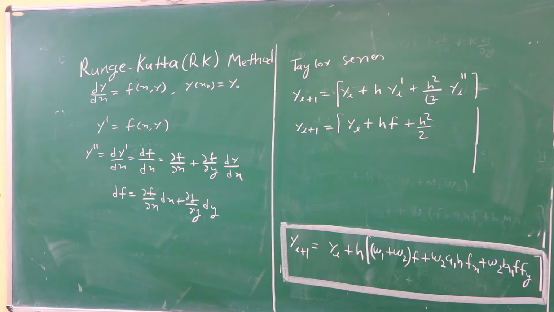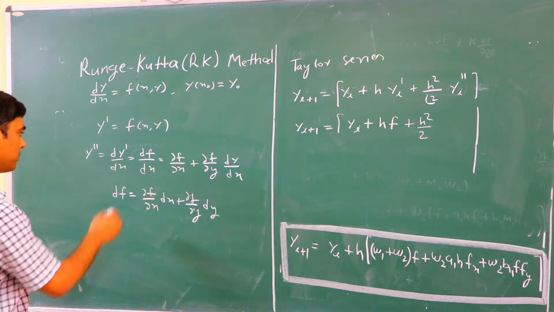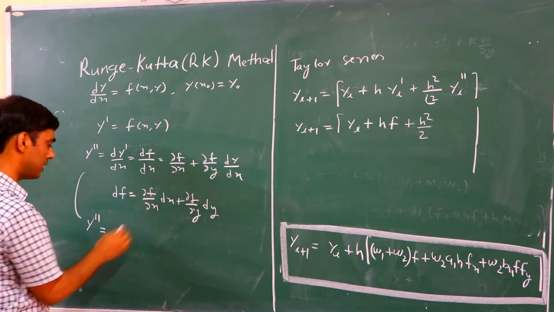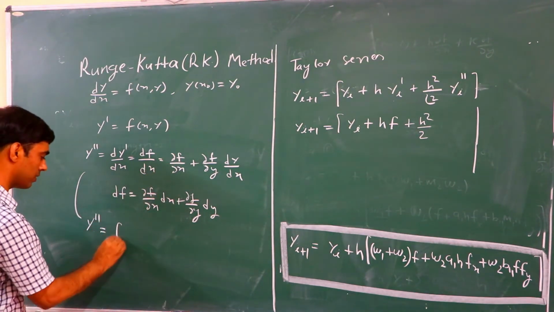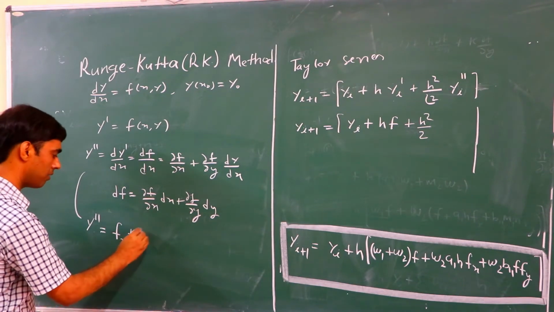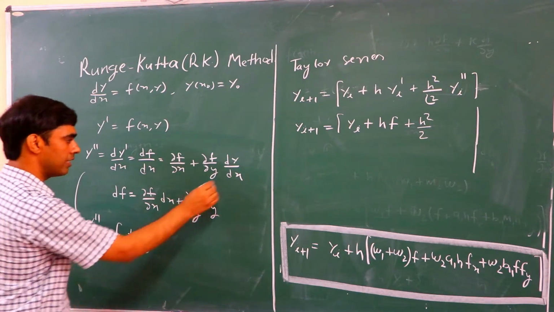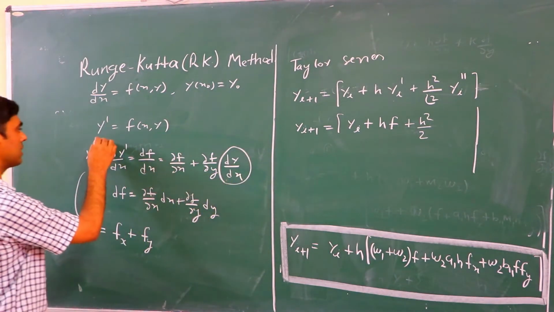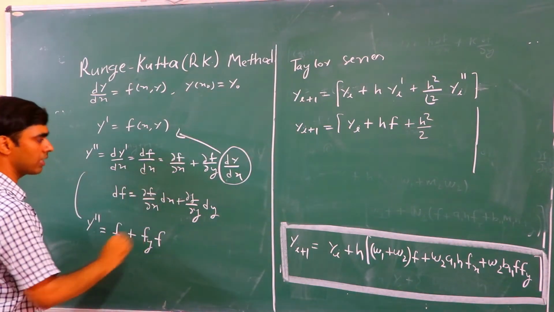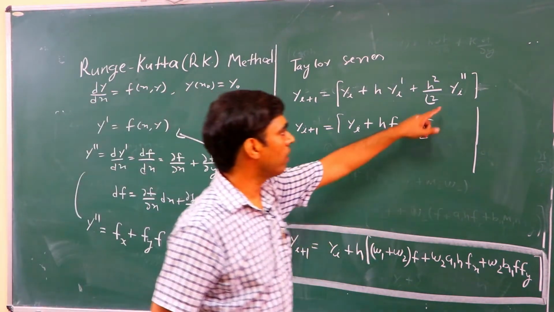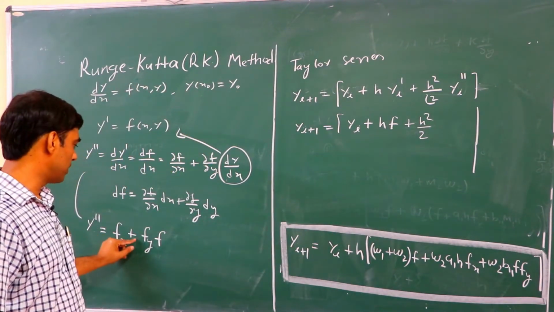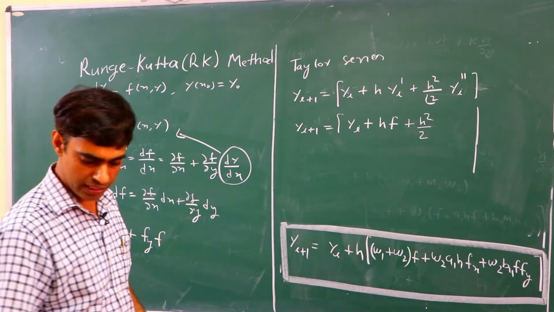So y double dash becomes, del f upon del x is fx in notational form, plus fy, and dy by dx is f. So in place of y i double dash, we write fx plus fy f in notational form.